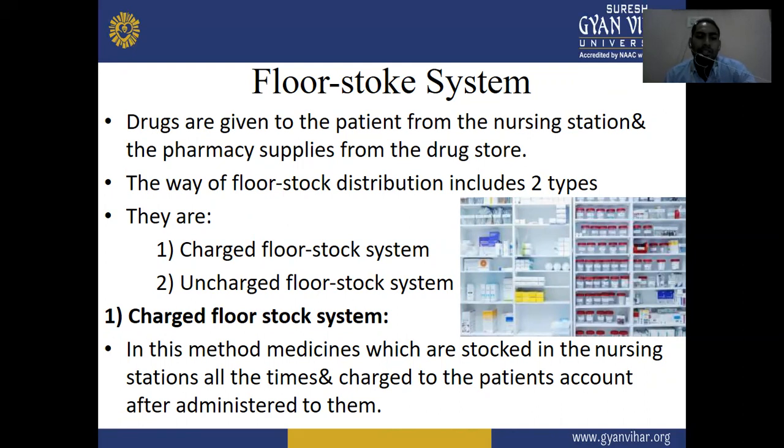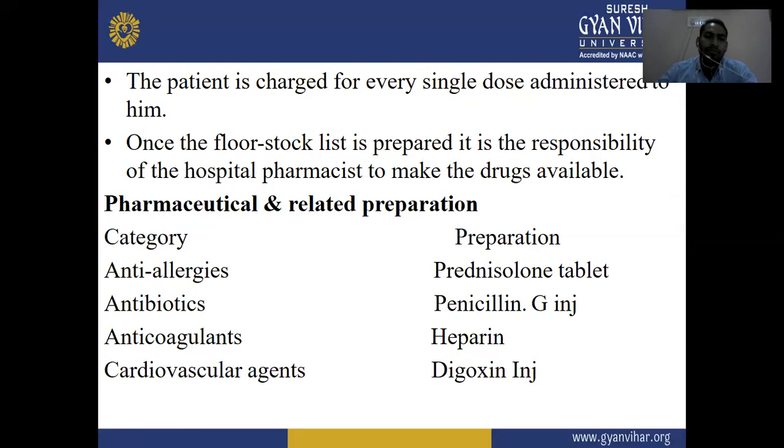First one is the charged floor stock system. In this method, medicines are stocked in the nursing stations at all times and charged to the patient's account after being administered to them.